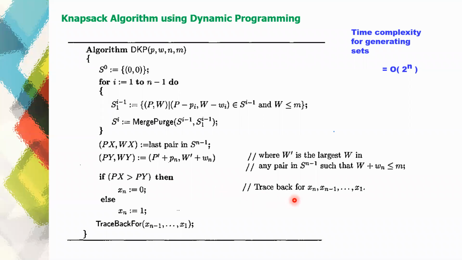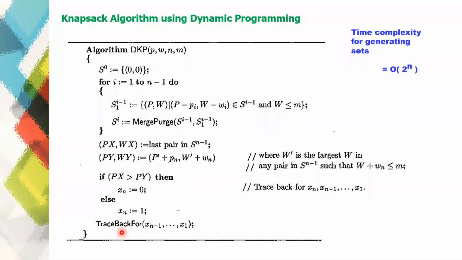So you are going to start taking decisions on the nth object, then n-1th object, and so on up to the first object. You are going to take decisions in the reverse order from nth object to the first object. Finally, after you trace back, you'll come up with a solution vector, which will be the final solution for the given problem.